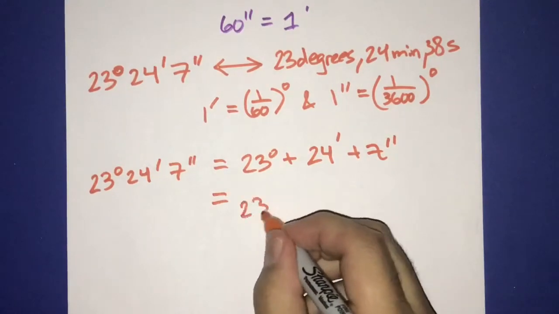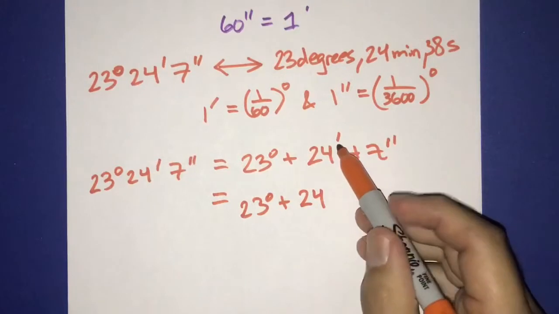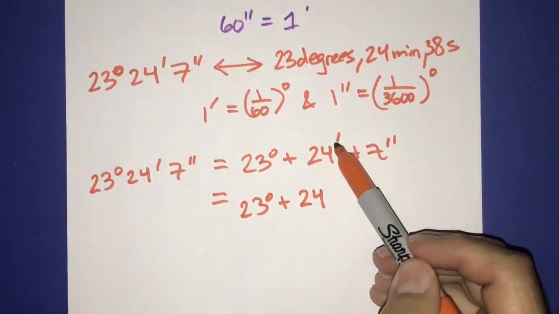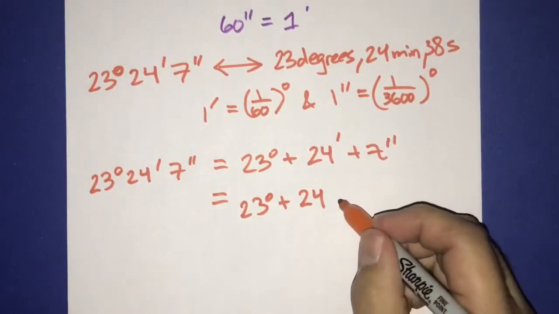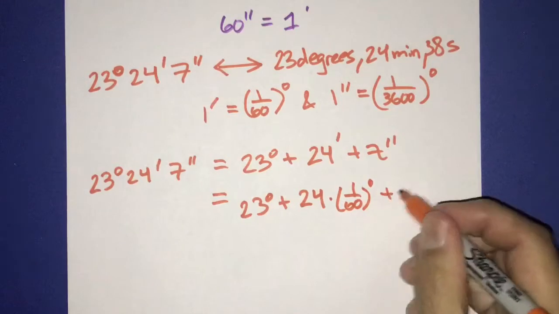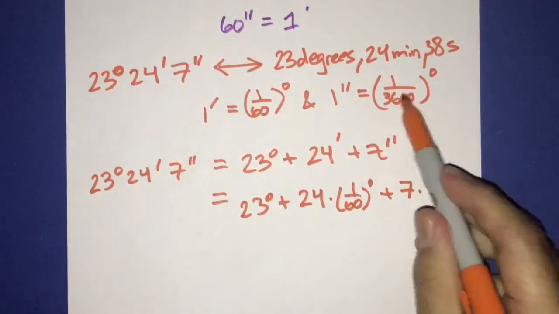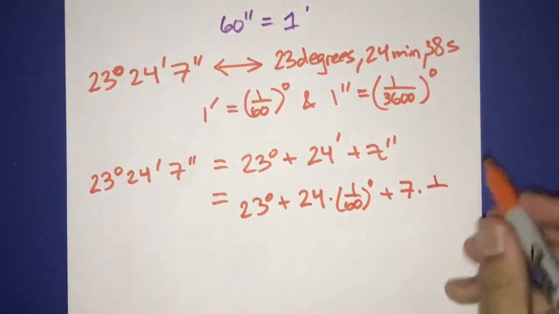Now we have 23 degrees plus 24, and using our conversion, we see that a minute is equal to 1/60th of a degree, so we multiply by 1/60th of a degree, plus 38 times, and here we see that 1 second is 1 over 3600.